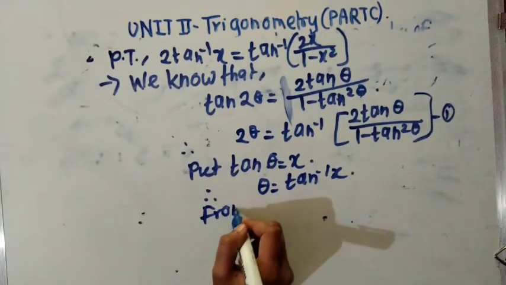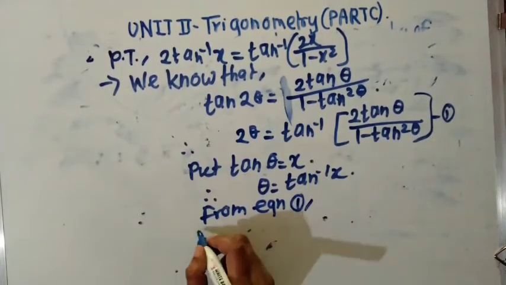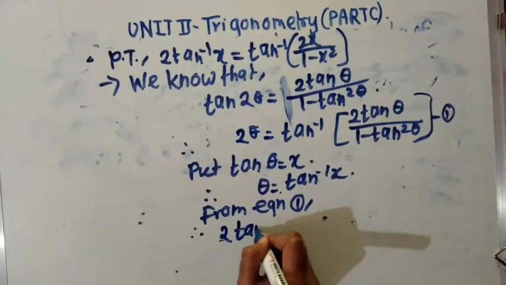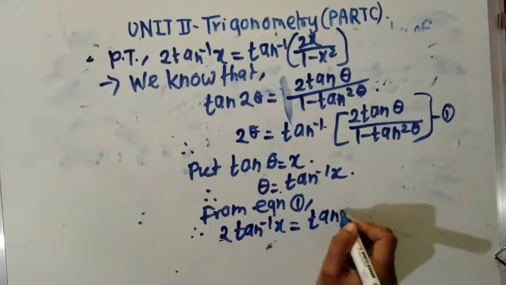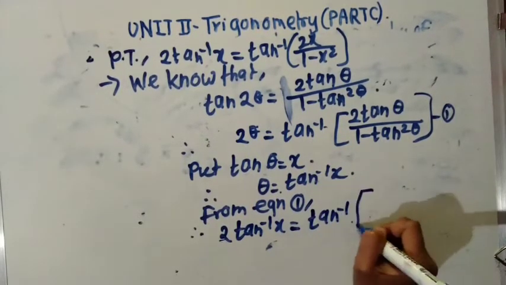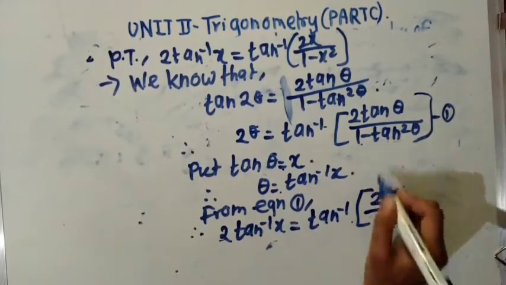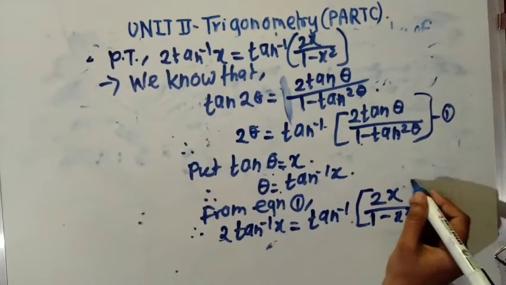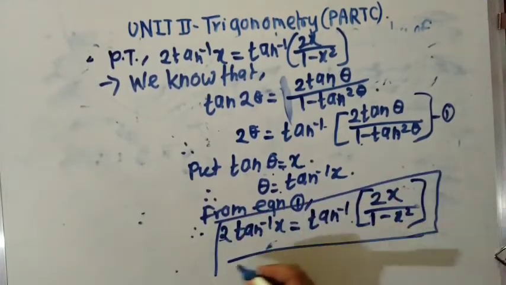So from equation 1, 2 theta, means 2 tan inverse of x, is equal to tan inverse of 2 tan theta, means 2x, upon 1 minus tan square theta, means x square, and this is the proof of this equation.